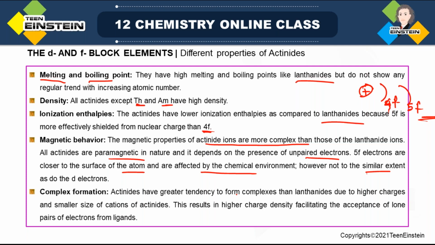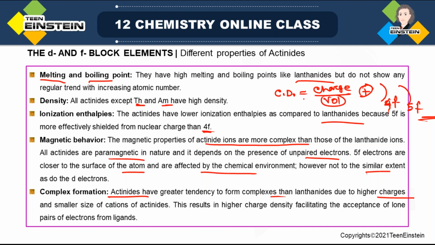Complex formation tendency. Complex formation tendency will be high only when the charge density of the cation is very high. Now if we compare the complex formation tendency of actinides and lanthanides, they have greater tendency to form complexes, and it is because of the higher charge and smaller size of cations of actinides. So charge density is equal to charge by volume.